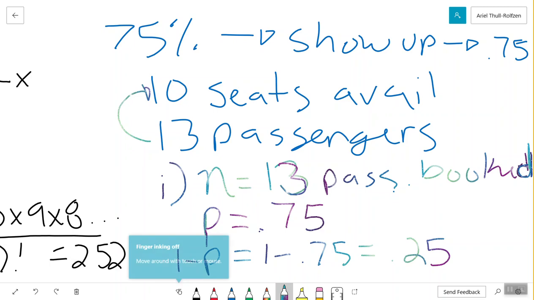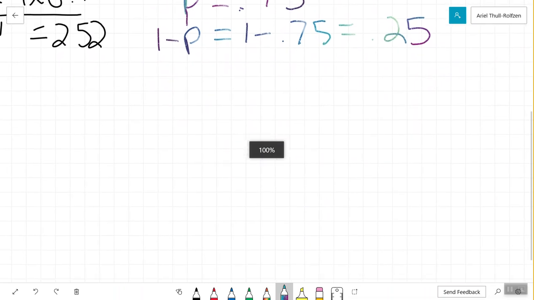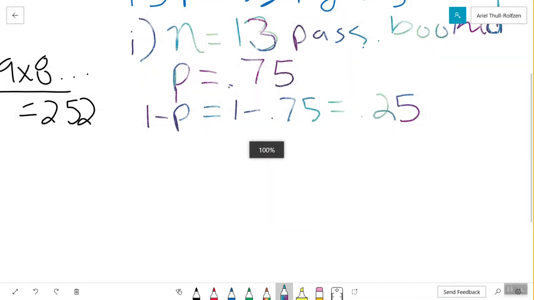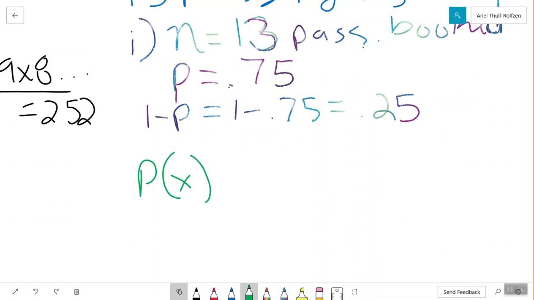So now that we've found all of these variables, we can plug them into our equation. I'm just going to do it right here so I can still see them. We're going to say that the probability of X happening equals our N up here, which is going to be 13. I'm going to erase that line because I don't want anybody to think that we're dividing.